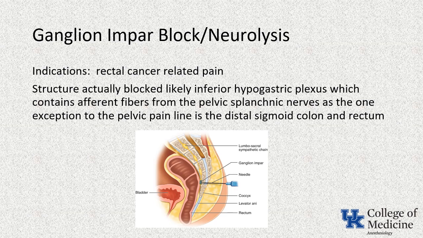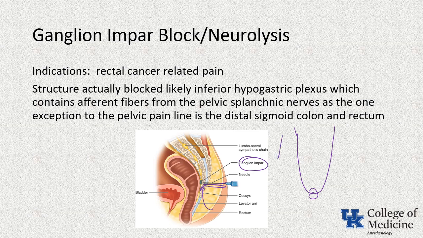This is ganglion impar block. This is done with a couple different techniques. You can go through the sacrococcygeal disc or ligament, which is what is depicted in this picture here. There are some approaches where you can actually go underneath the coccyx and up, and this blocks the ganglion impar, which, as I said, is the most inferior extent of the sympathetic chain.